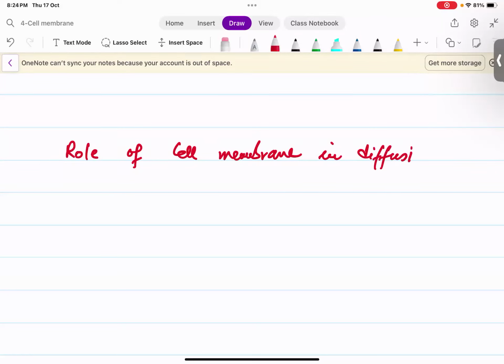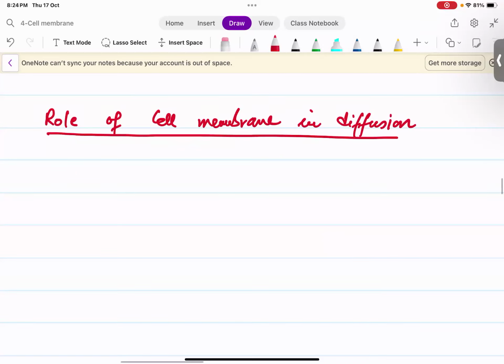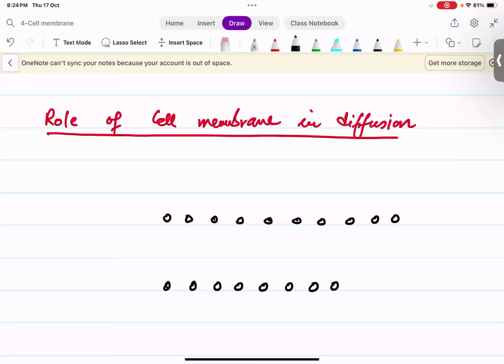The cell membrane, we already know, is described on the basis of the fluid mosaic model, in which a phospholipid bilayer has the phospholipid molecules arranged in such a way that their polar heads are outwards and their non-polar tails are facing each other. And this makes a phospholipid bilayer.